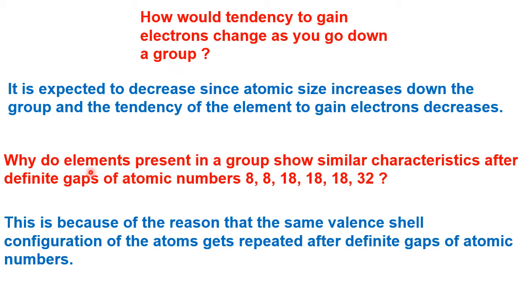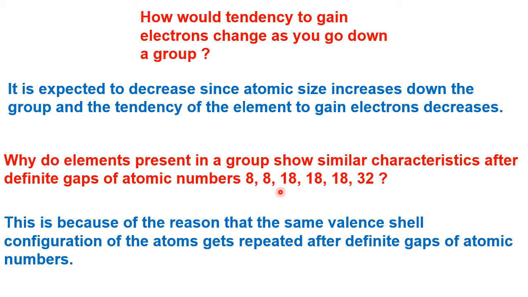Next, why do elements present in a group show similar characteristics after definite gaps of atomic numbers 8, 8, 18, 18, 32? That means the first period has 2, the second period has 8, the third period has 8. So this pattern continues 2, 8, 18, 18.